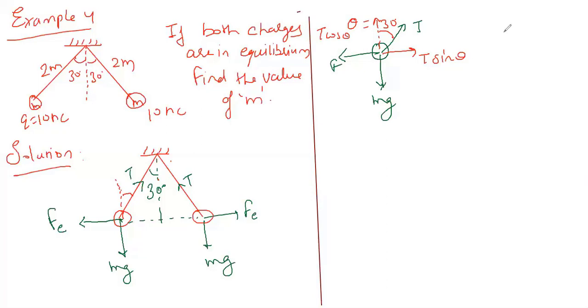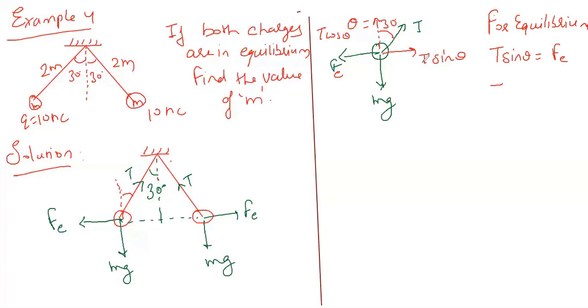So by balancing, because we are given equilibrium, what can we write? T sine theta will be equal to Fe, that is the electrostatic force of repulsion between these two charges, which are equal, applying the equilibrium condition in the x direction.